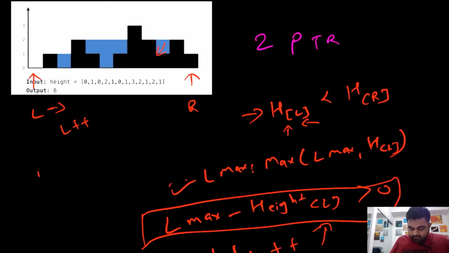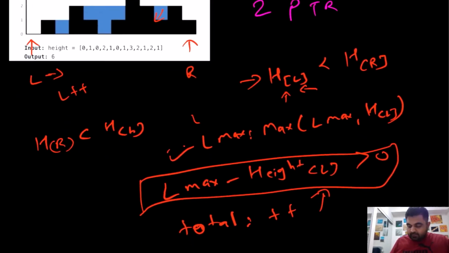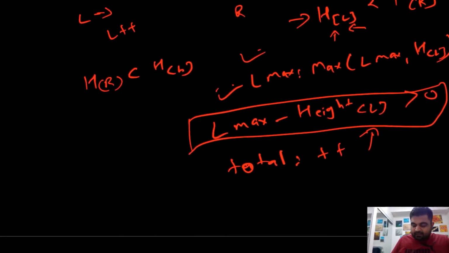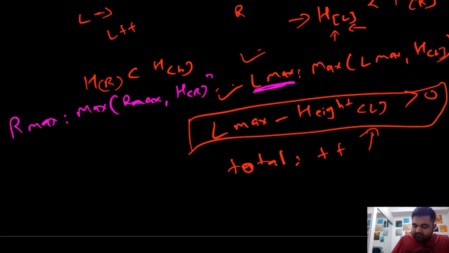And again, suppose at any point we find a scenario where the height at right is less than the height at left. If that is the case, we are going to repeat the same process. Let me use a different color, but this time, rather than doing it for left max, we are going to do it for the right max. So we take the maximum of whatever right max we already have and the current right height we are at.